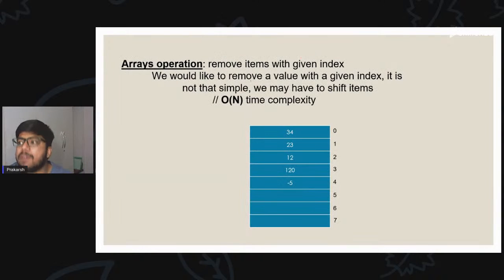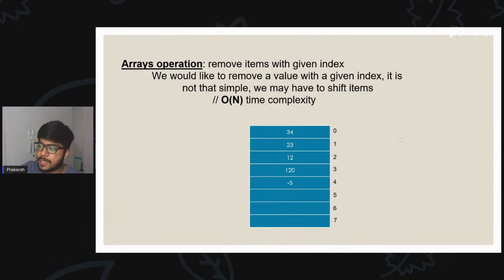Okay. Now, array operation: removing items with a given index. We would like to remove a value with a given index, and it's not that simple when we have to shift items. When you have to say, "Hey, remove this person," you have to remove that specific person, not the last person, not the first person, but the person who's sitting in the middle.